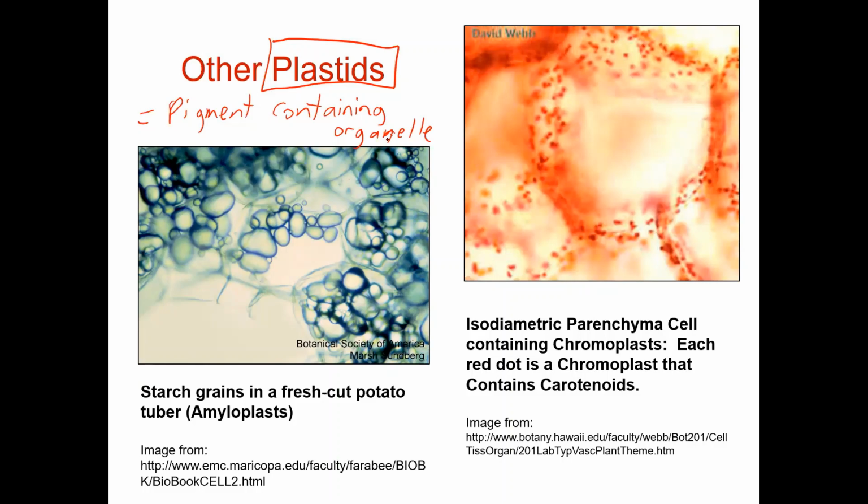There are other exceptions. Here's a couple. The one on the left is called an amyloplast. Maybe you've seen potatoes that sometimes have a little bit of color to them. I'm not sure what the pigment is in there, but it can make them various colors like purple, and these are amyloplasts. And if you think about a plant, sometimes there are other parts of the plant that are colored.